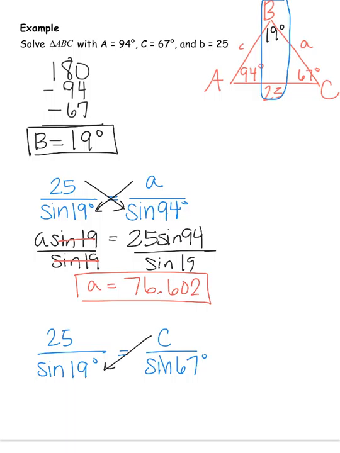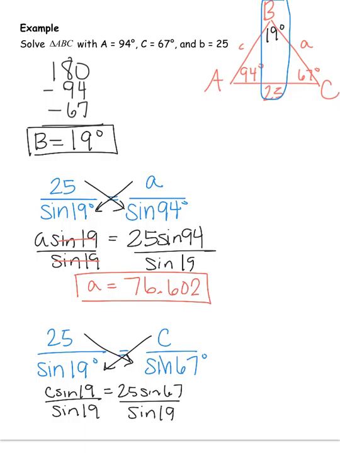Cross multiply and divide. c times sine of 19 equals 25 times the sine of 67. Divide by the sine of 19 because we want to get c by itself. So c will equal 25 sine 67 equals, divided by sine 19 equals 70.684.